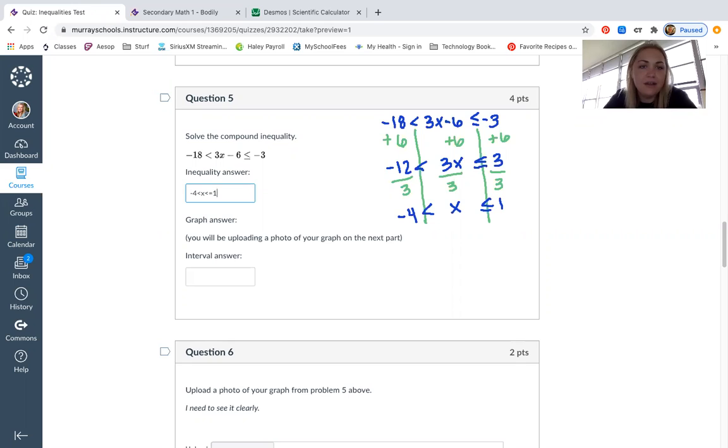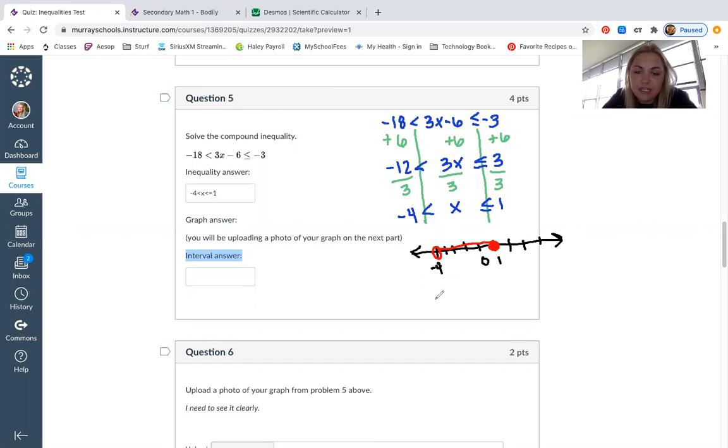All right, let's graph that. Remember, you're going to have to upload your graph on the next answer. So when I graph this, it starts at negative 4, negative 3, negative 2, negative 1, 0, and then 1, 2, 3, 4. Okay, so it's going to be an open circle at negative 4, a closed circle at 1, and then x is between them, so the shading is between them.